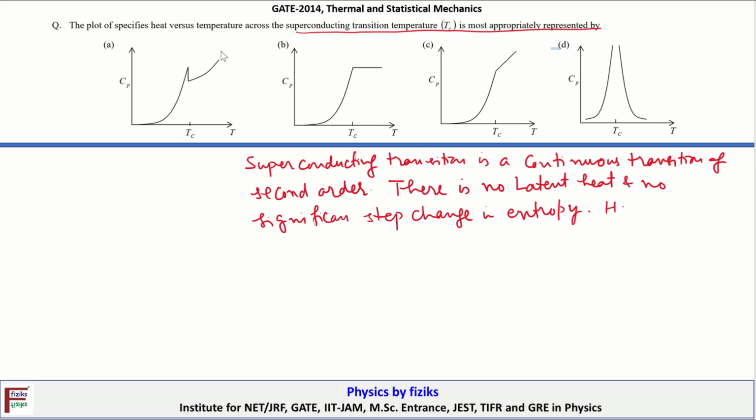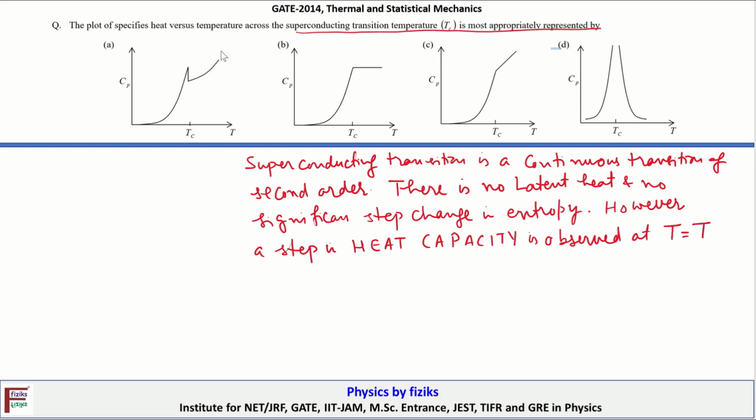However, a step in heat capacity is observed at the superconducting to normal metal transition. So at T equal to Tc, a step in the heat capacity is observed, and this is best represented by option A. So option A is the correct one here.